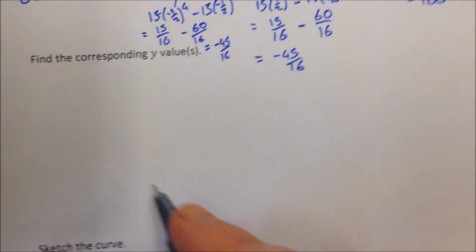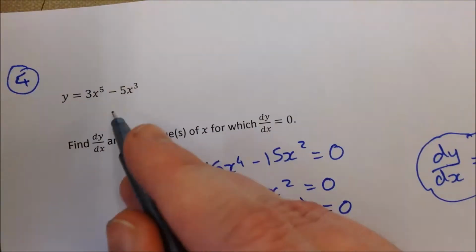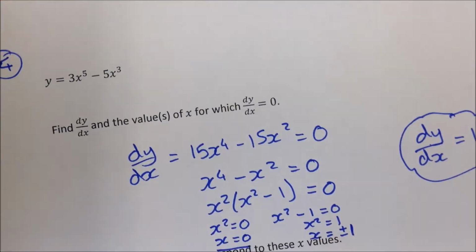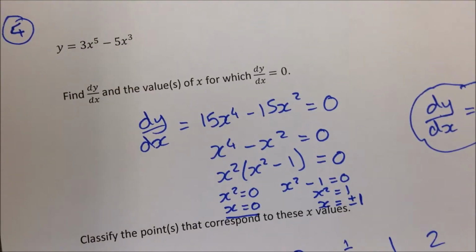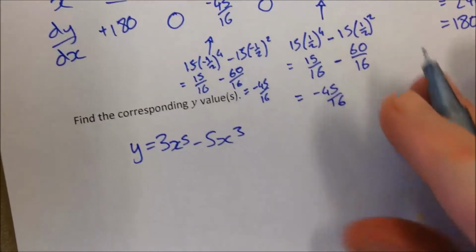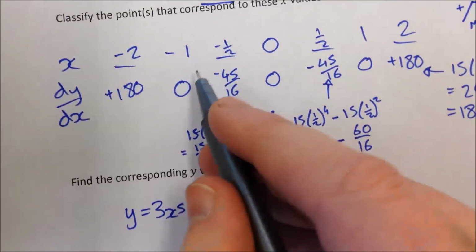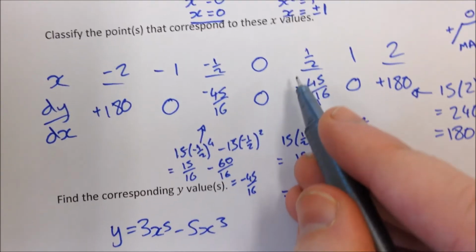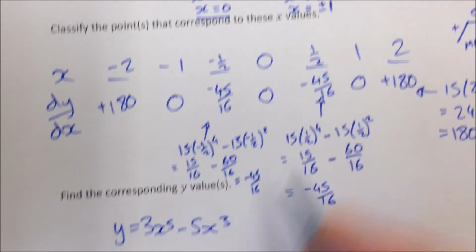Okay, so find the corresponding y values. Go back to our original expression. It's this here that we're going to use. Copy that down, and I'm going to pick my three values. So first of all, negative 1, then 0, then 1.